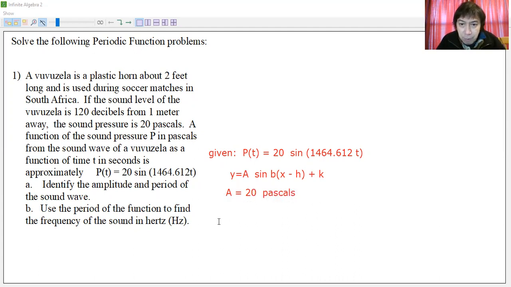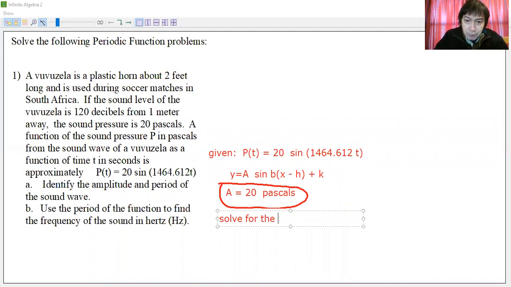Also, we have the small b, which is 1464.612. We can use that to find the period. This is already the answer for amplitude, for letter A. Now we're asked to get the period, so we will solve for the period.